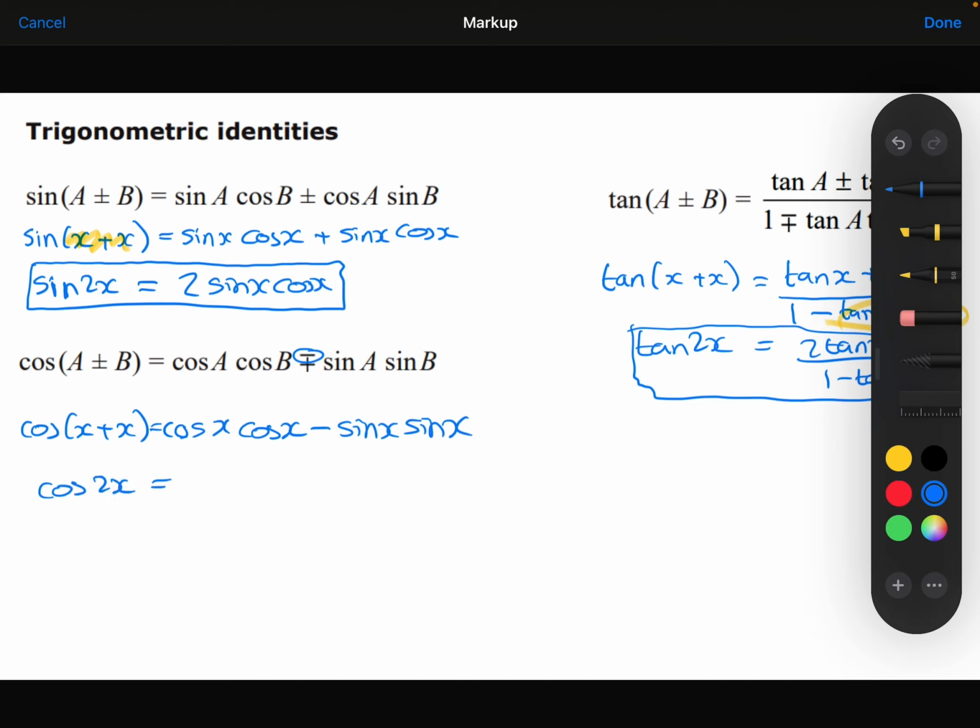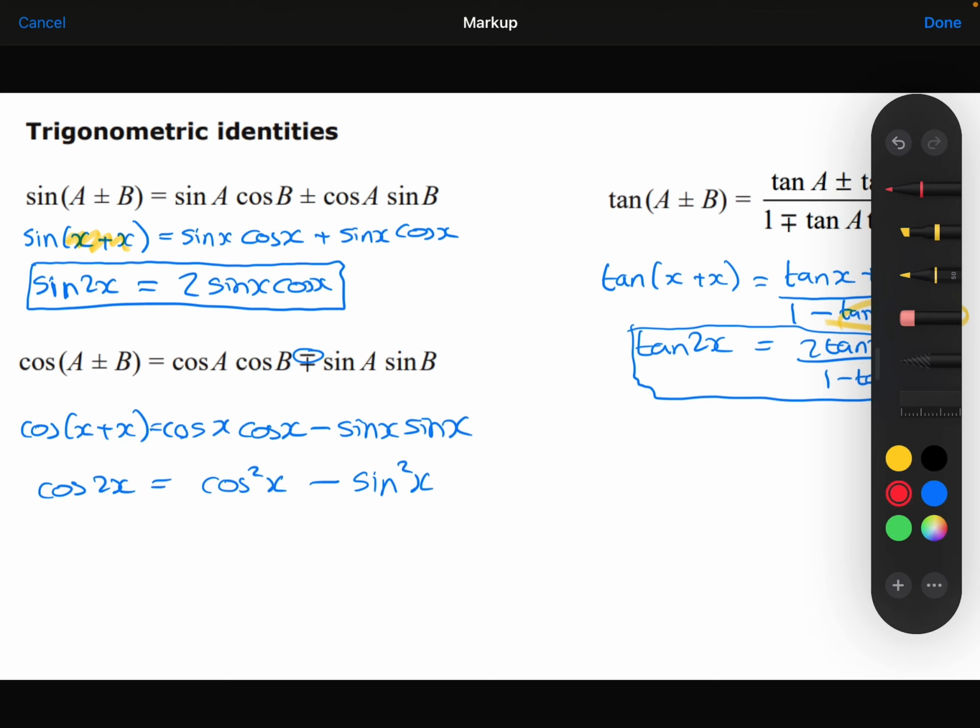So the cos 2x is equal to cos x times cos x, which is cos squared x, and then the sine x times sine x is sine squared x. So that was the first of the cos double angle formulae I showed you a moment ago.